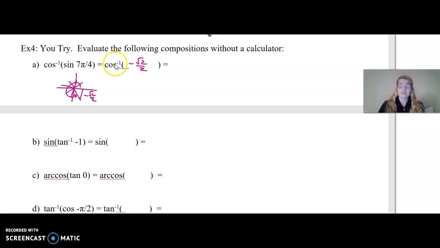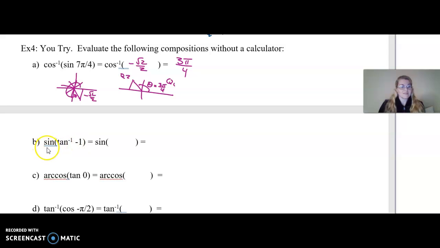Notice it's cosine inverse now, not sine. Where is cosine going to be negative, in quad 1 or quad 2? So where is cosine inverse going to be negative root 2 over 2? It's going to be negative root 2 over 2 for theta equal to 3 pi over 4. That's where I'm going to have my reference angle of 45 degrees. So this is 3 pi over 4.